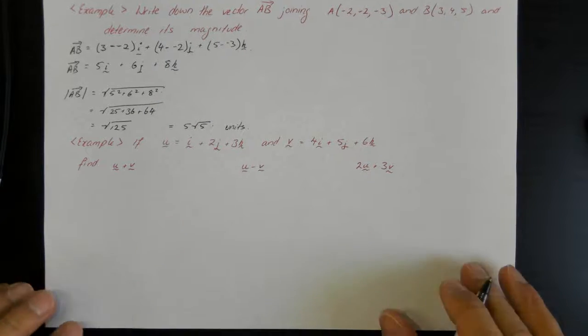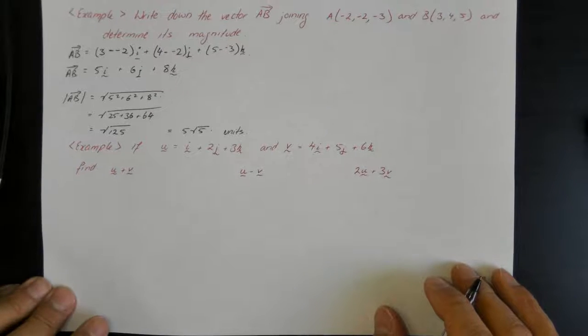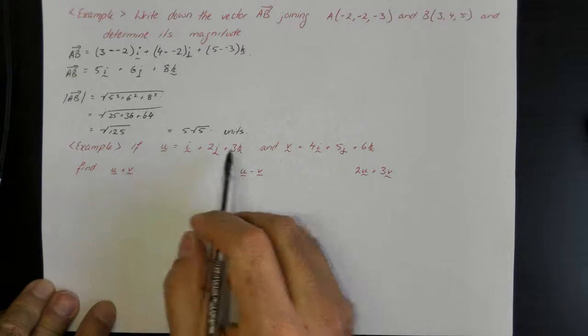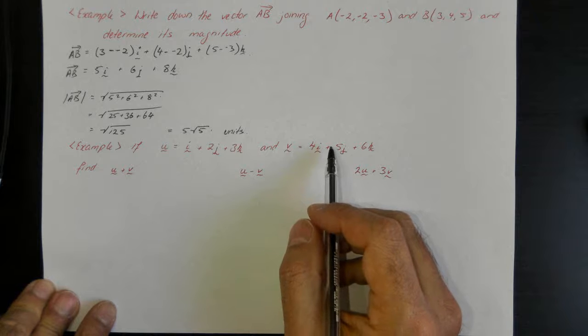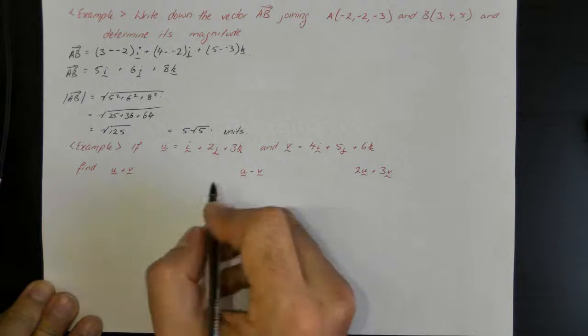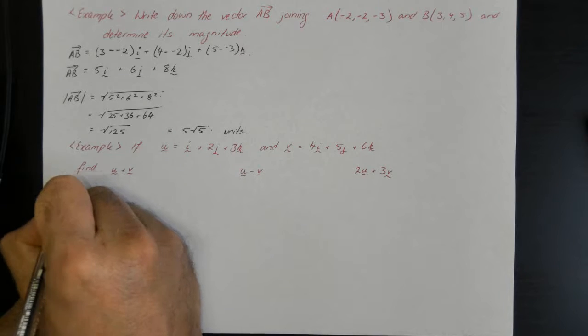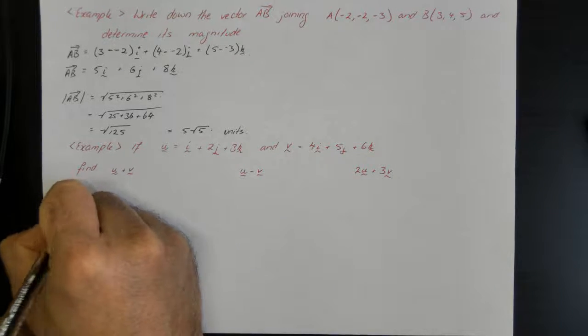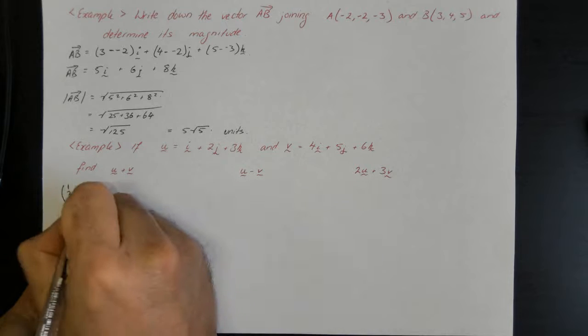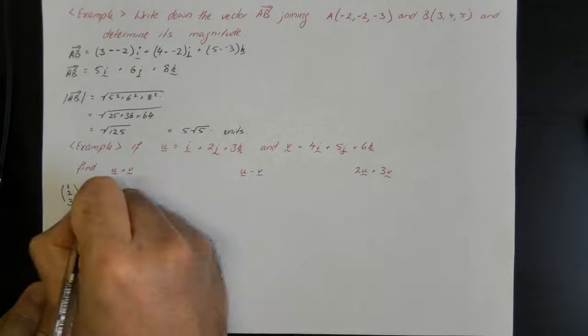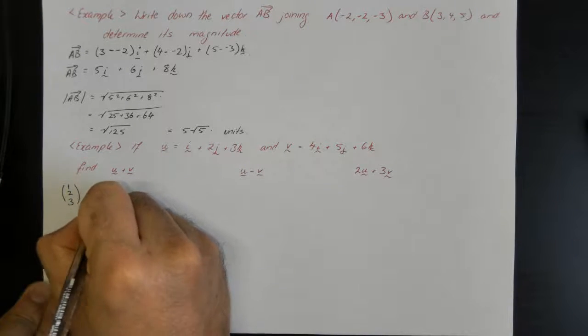Alright, so now I want to add and subtract some vectors. I've got u being that and v being this. I'm going to write them in column form. So u is 1, 2, 3 and v is 4, 5, 6.